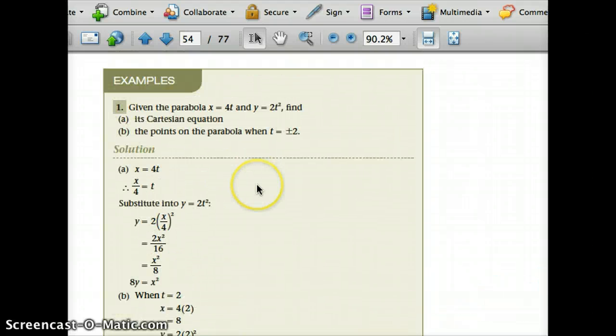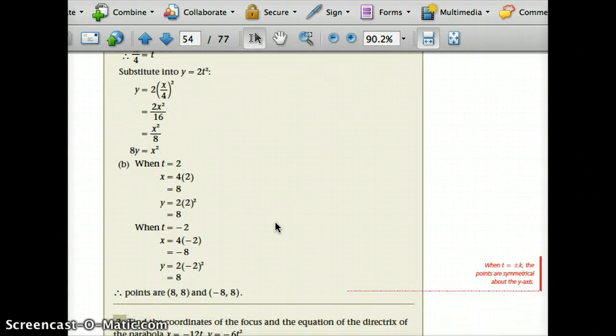So the other part of the question is, find the points on the parabola when t equals plus or minus 2. Okay, all we have to do now is just sub in. This is where parameters are really, really helpful, okay? So if we want to find the x and y values when t is plus or minus 2, we can't do it with that form because there's no t, but we know that x equals 2at, and y equals at squared, so we can just sub the value t equals 2 in, okay?